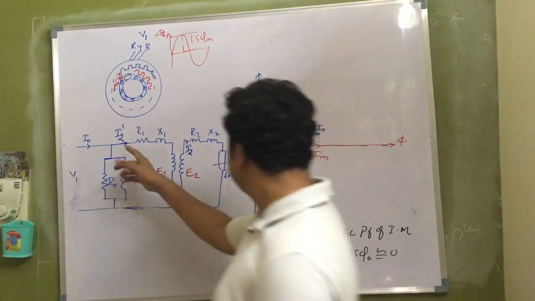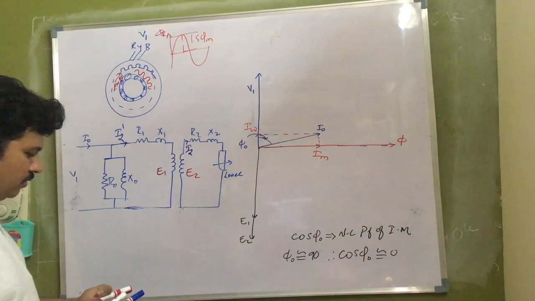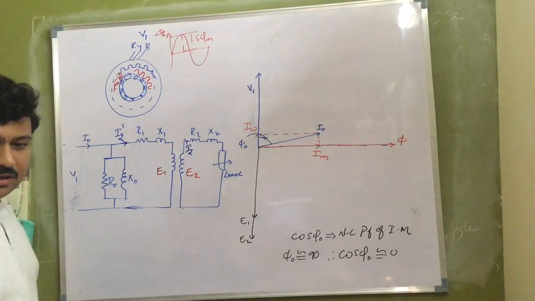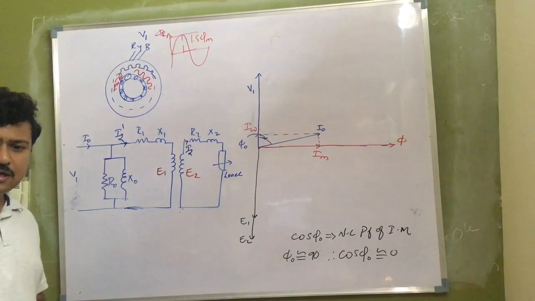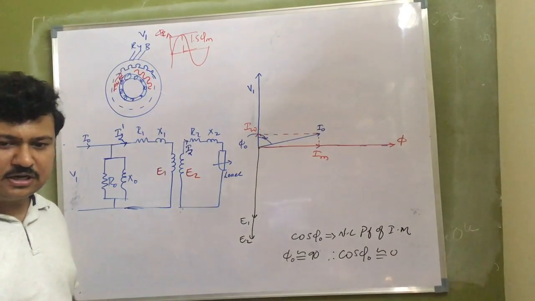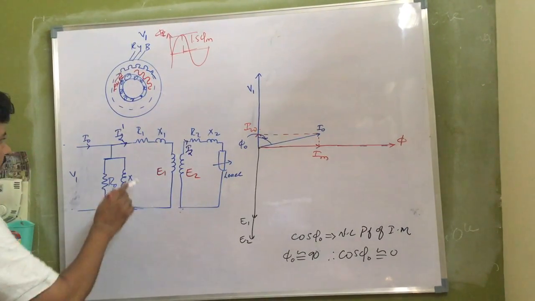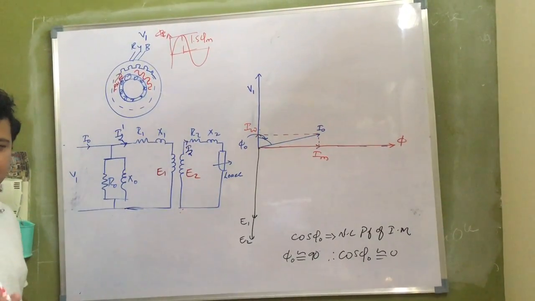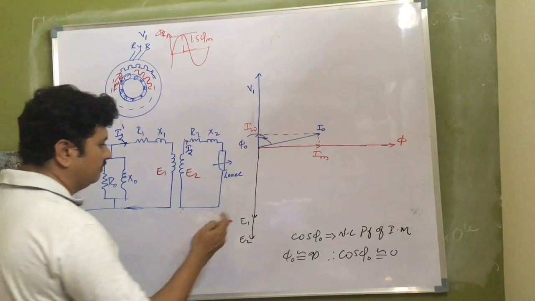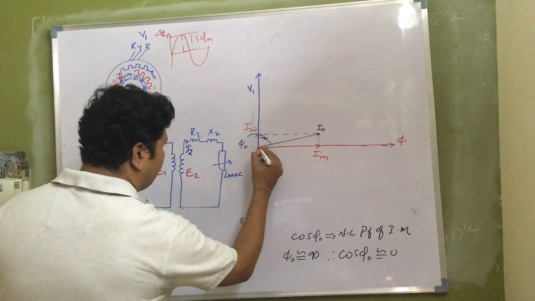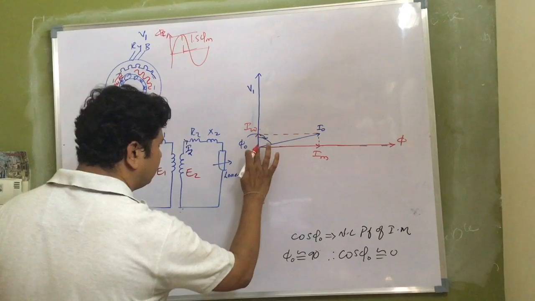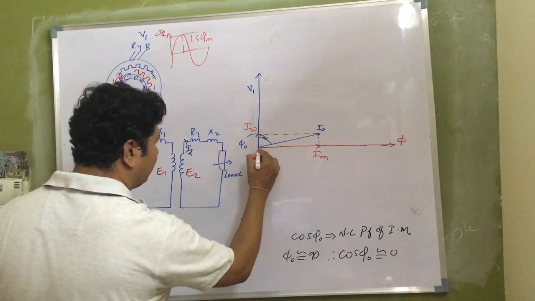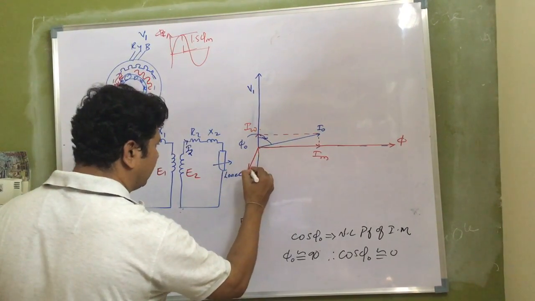Now this I2 dash will be against the inductive nature of the stator winding. Therefore, this I2 dash has to lag behind this E1 by some angle phi. Now let us consider this is I2 dash.